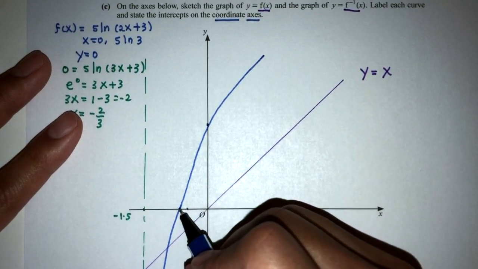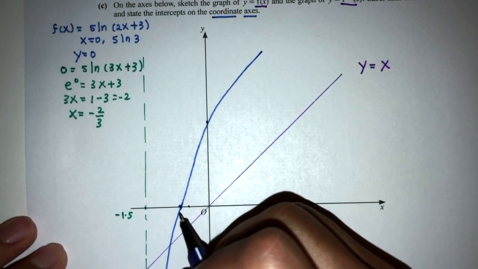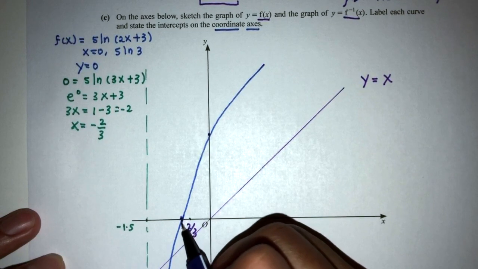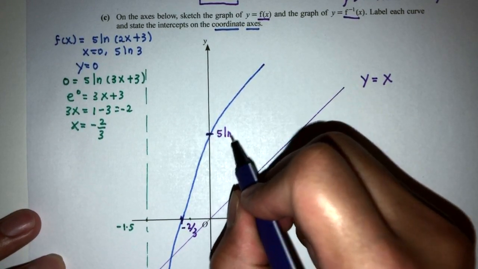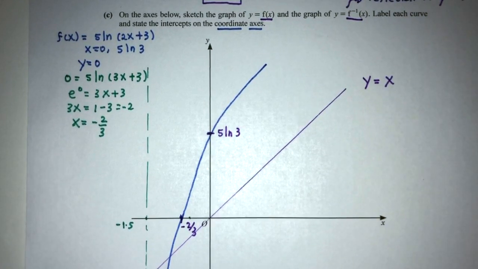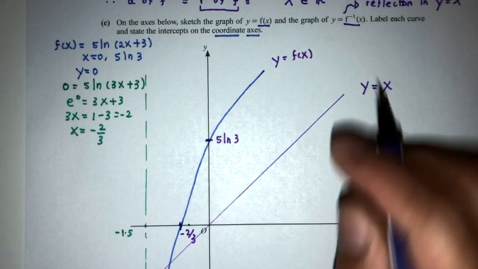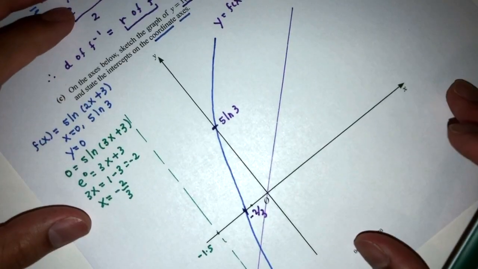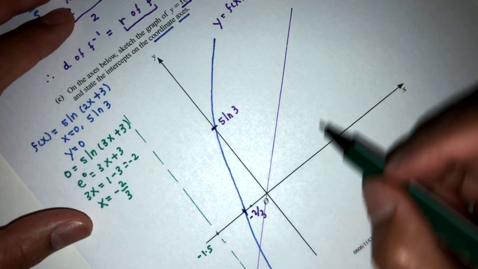Let's write down the other values. That will be minus 2 over 3 for this point, and this will be, we have to write the exact value, 5 ln 3. So that's the first step. This is my graph of y equal to f of x. Now we understand that the inverse will be just a reflection in this line, so we have to sketch this.